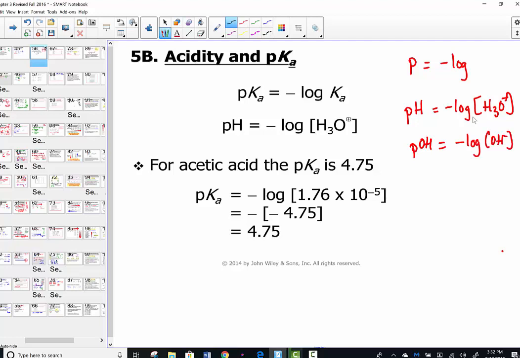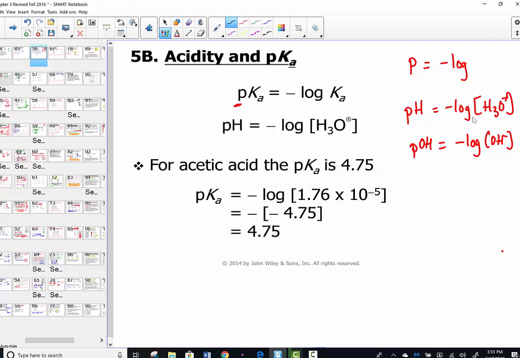So if you see P, it means take the negative log of the Ka value and you'll get a pKa. And the reason we do that is just to have a number that's a little easier to handle than these very tiny numbers with scientific notation exponents.